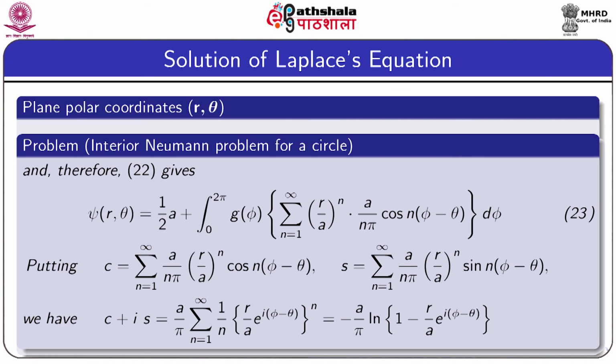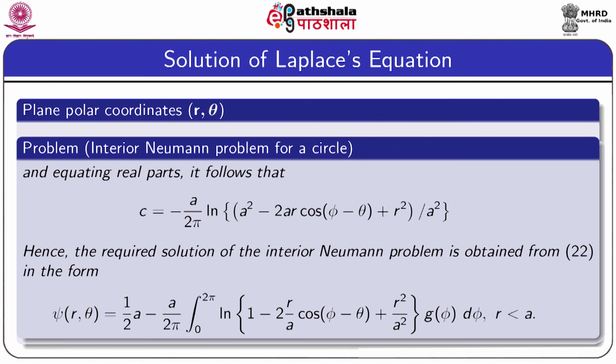Again we can find the value of this infinite sum using the procedure which we have done in the earlier cases, assuming C as this sum and S as this sum, and then computing C plus iS, we can find the value of the infinite sum. Then equating the real part of the previous expression from both sides, we get the expression for C which is written here.